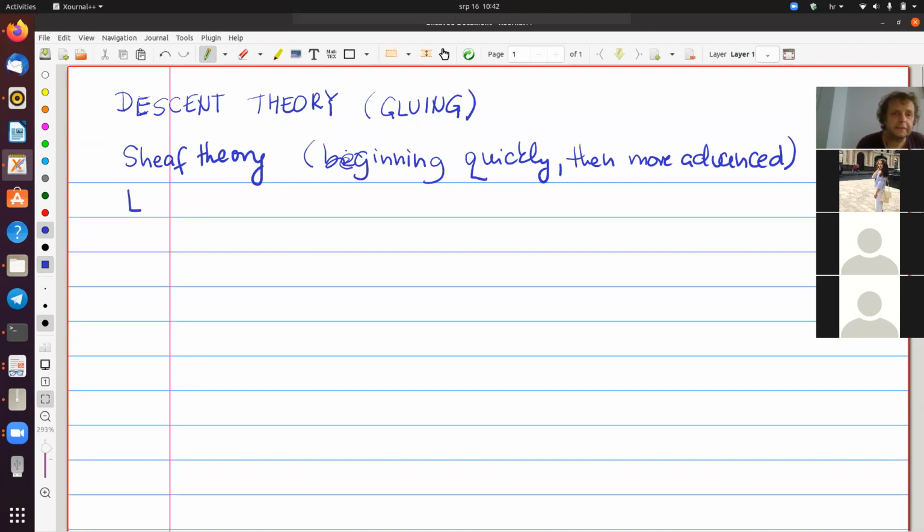Sheaf theory, and then the third character is localization.